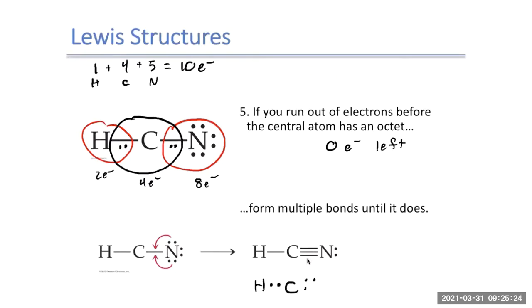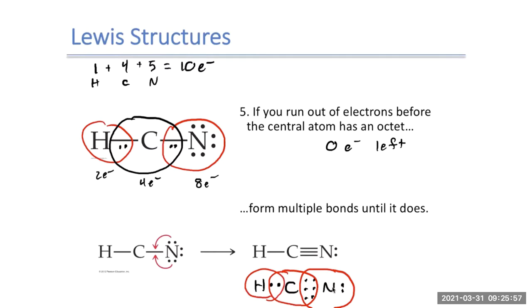If we draw it out so we can see the electron count, each line is 2 dots. Carbon now has 8 electrons around it. Nitrogen still has 8 electrons around it. Hydrogen has its 2 electrons.